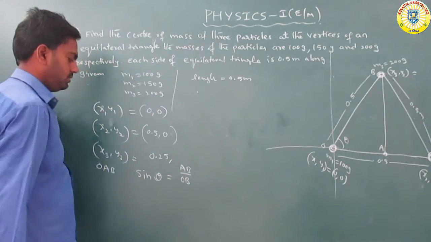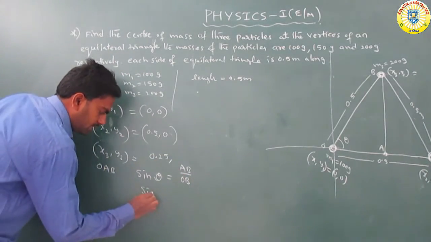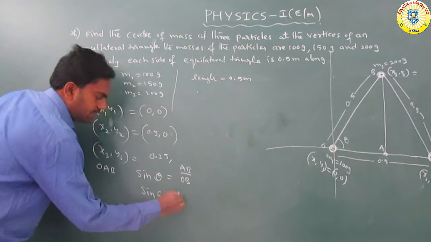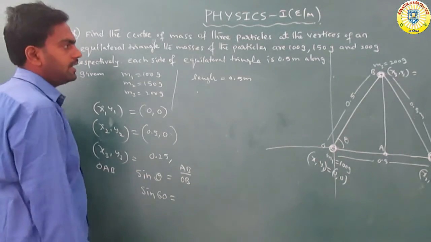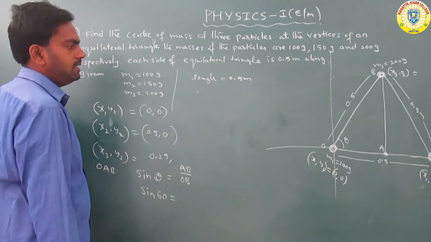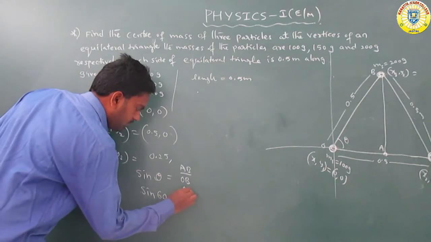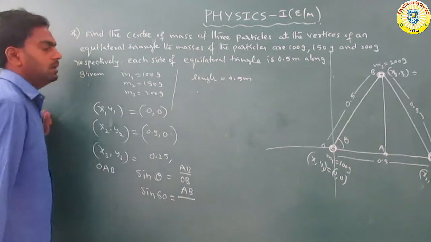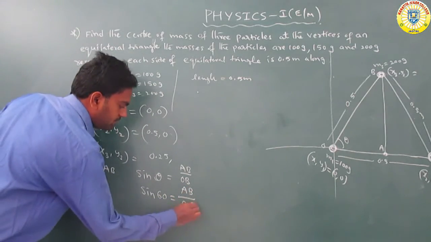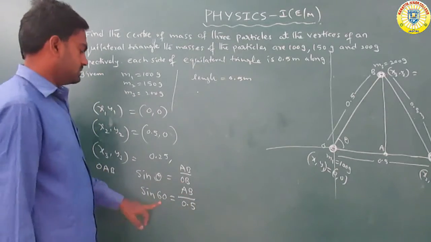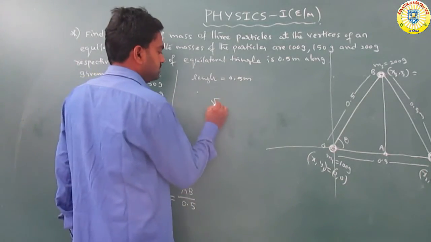It is an equilateral triangle, each angle 60 degrees. OB is the length 0.5, and sin 60 is root 3 by 2.